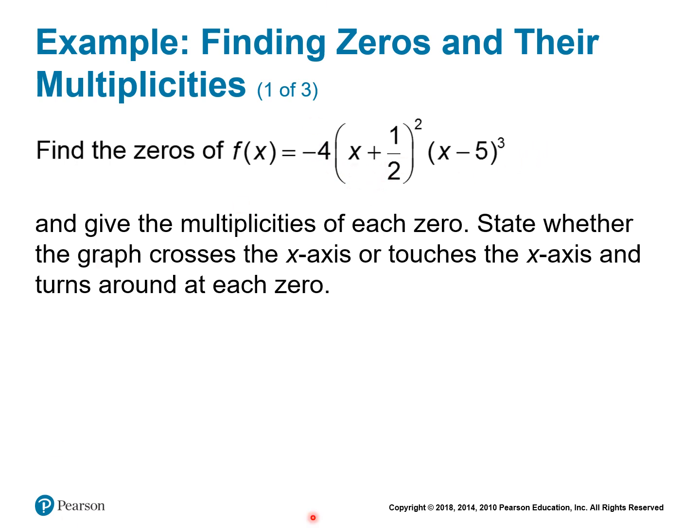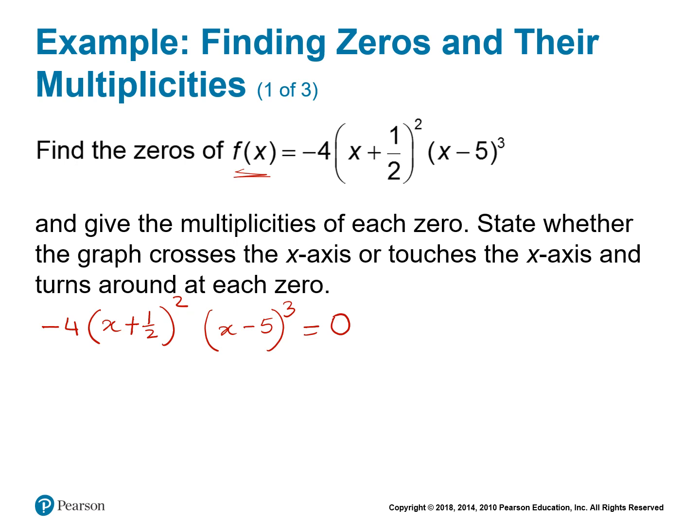So we have -4 times (x + 1/2) squared, and then (x - 5) cubed. We make f of x equal to 0, and then we solve for x.